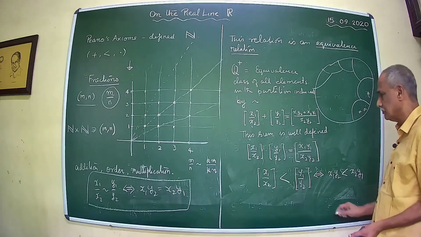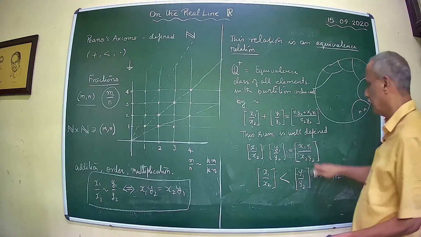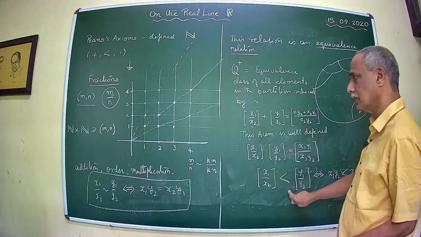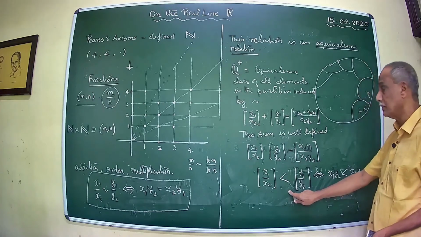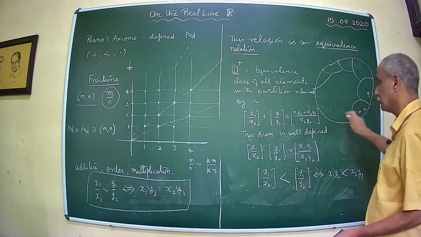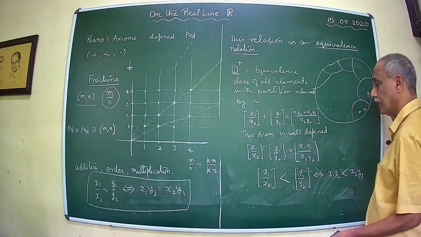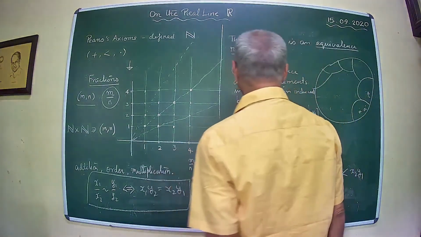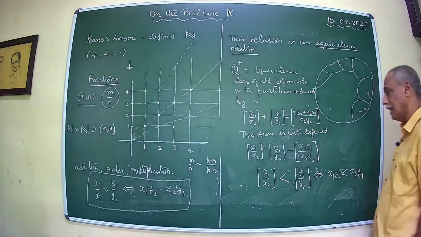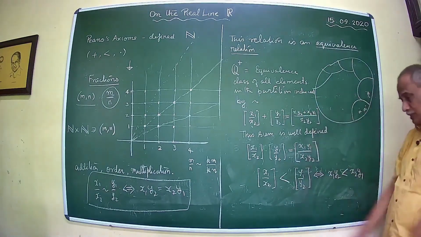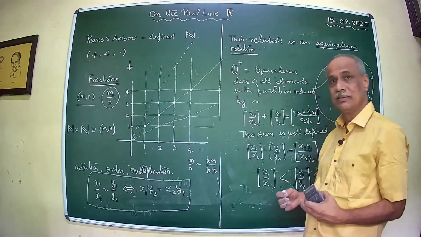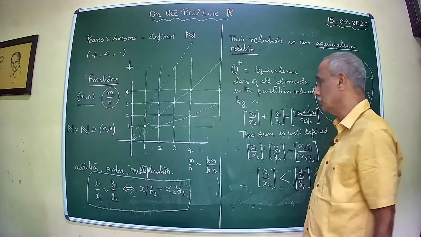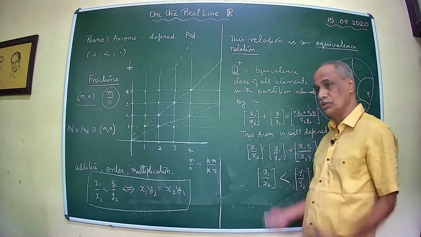Therefore, you see that you can define addition, multiplication, and order relation on these equivalence classes properly, and these equivalence classes are what you call Q plus. The addition has been automatically extended to it in a well defined fashion, so also multiplication, so also order relation.